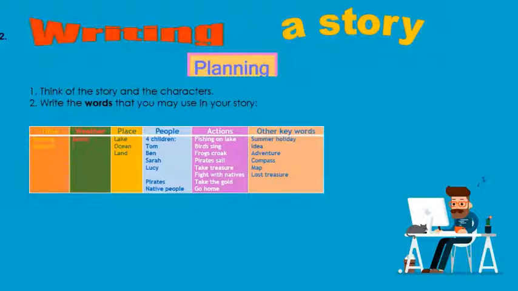For the word place, I have put there lake, ocean, and land. And for people, the four children, the pirates, and the native people. For the action, fish in lake, bird sing, frogs croak, pirate sail, take treasure, fight with native, take the gold, go home. And other keywords: summer holiday, idea, adventure, compass, map, lost treasure.